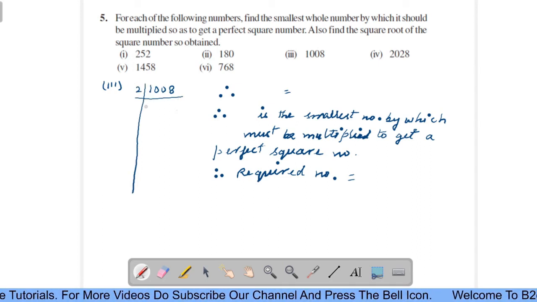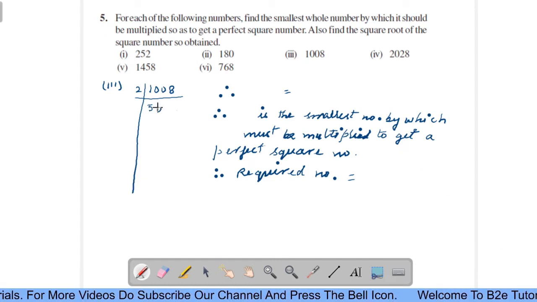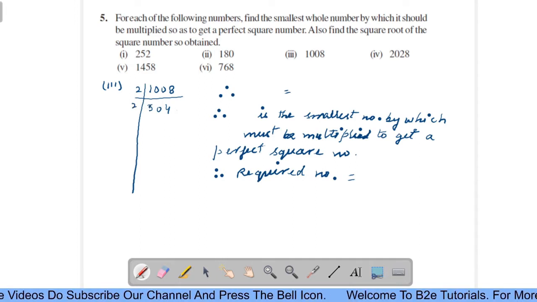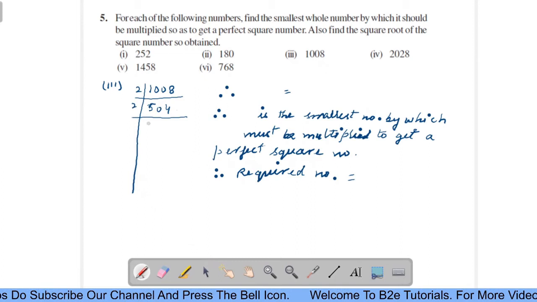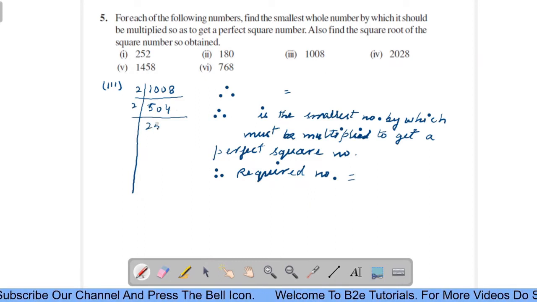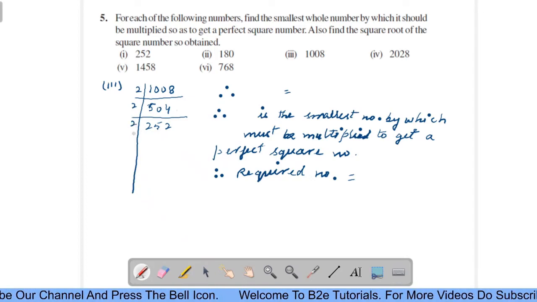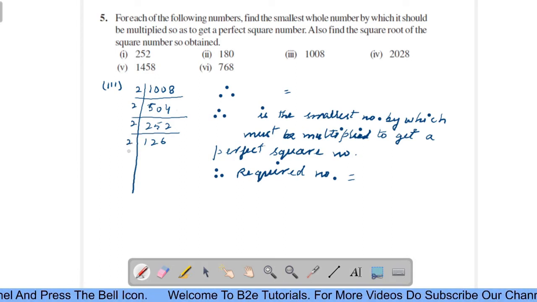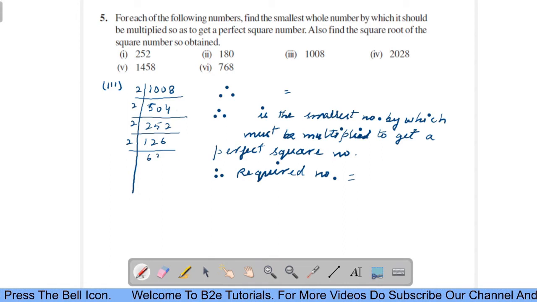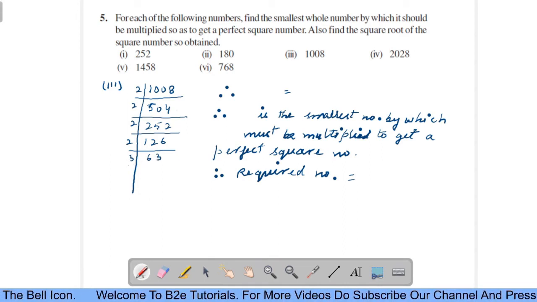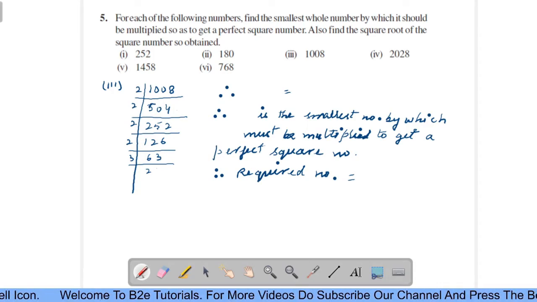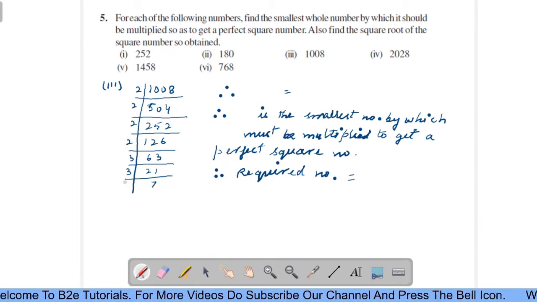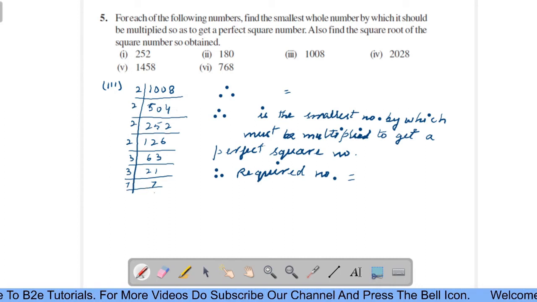Divided by 2, it is 2 5 is 10, 0, 2 4 is 8, again by 2, 2 2 is 4, 2 5 is 10, again by 2, 2 1 is 2, 2 2 is 4, 2 6 is 12, again by 2, 2 6 is 12, 2 3 is 6, then by 3, 3 2 is 6, again by 3, 3 7 is 21, again by 7 you will get 1.